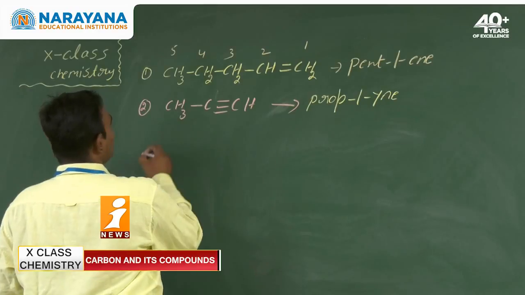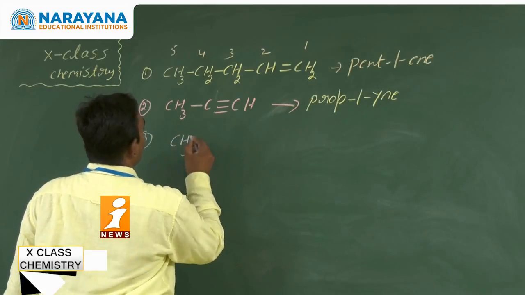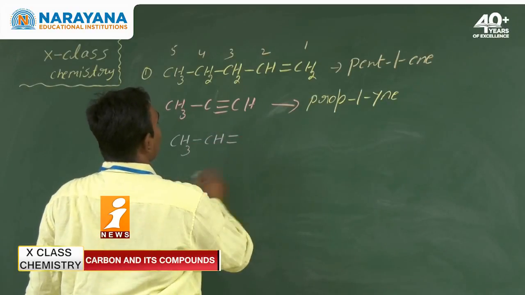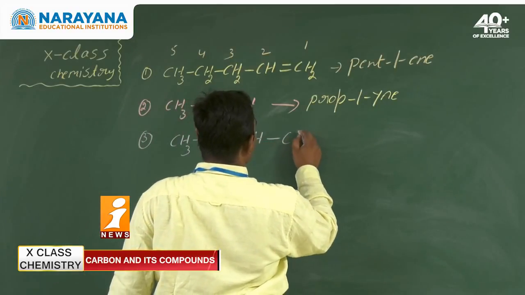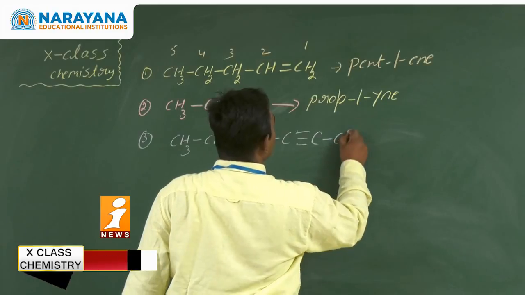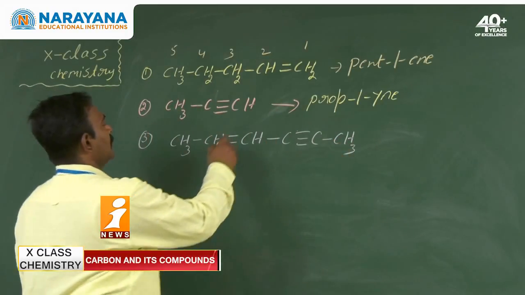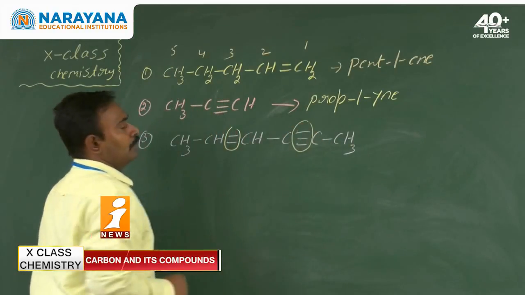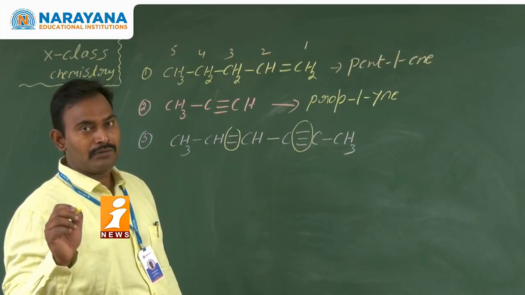Then coming to the next example: CH3, CH=CH, C≡C, CH3. In this compound, a double bond is there and a triple bond is there. Here both are primary suffixes, so we give the priority order to the double bond.